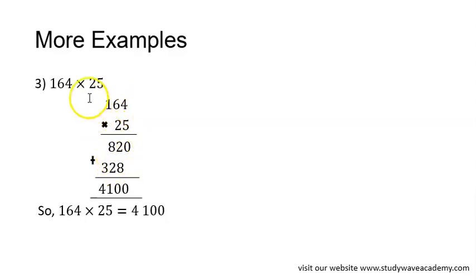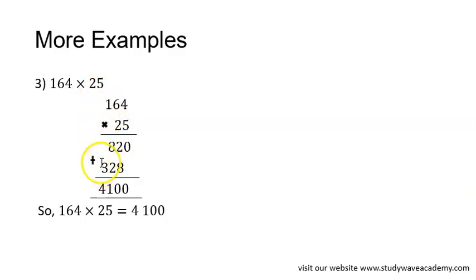You write 2 and carry the 1. You don't write 12, you write 2 and carry the 1. Then 2 times 1 is going to give us 2, plus the 1 we carried over is 3, so we write out 3.